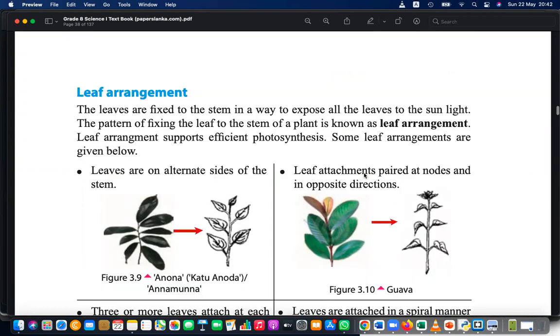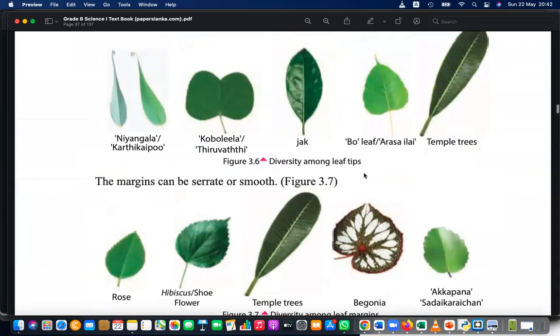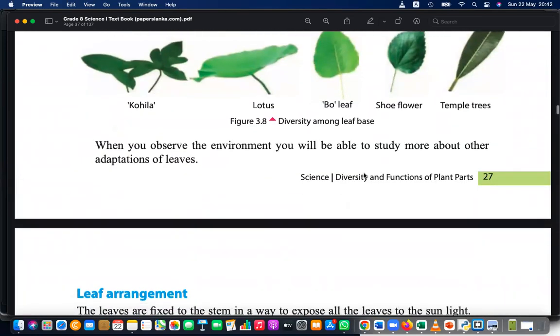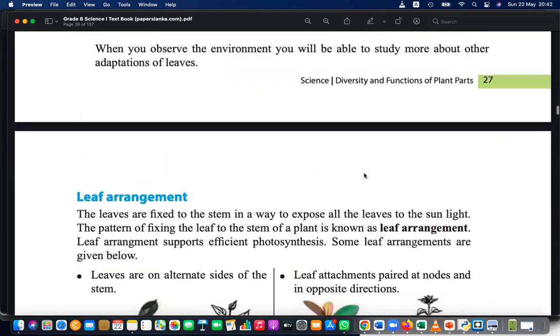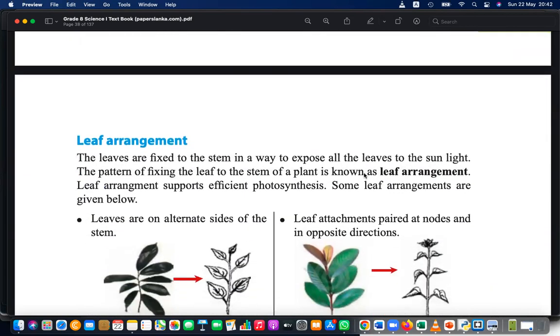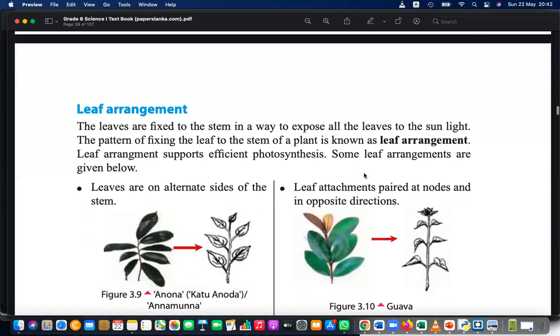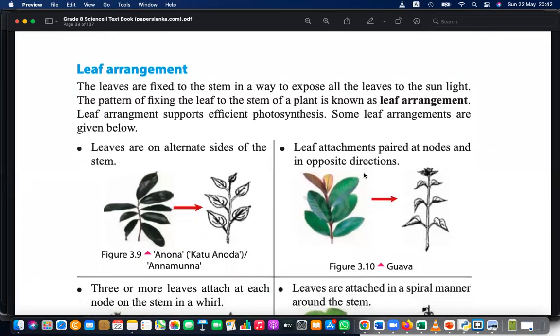The next thing is the leaf arrangement. Not just the leaf shape, leaf tip, leaf base, and blade shape, there are also differences in the arrangement of the leaves. Here are some examples. This is singular, as in Katu Anoda.